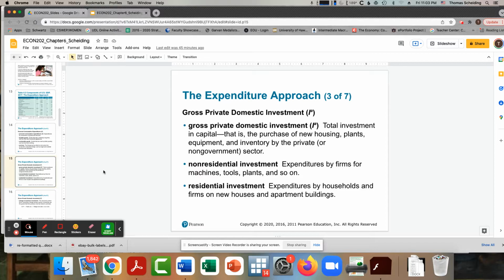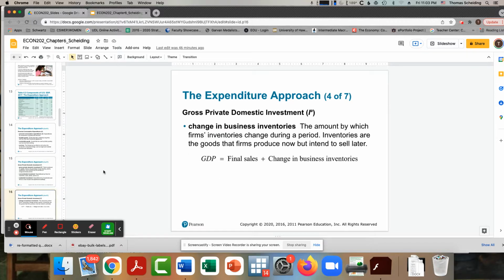And then probably the most volatile component of investment, as taught to us by Keynes, is inventory levels. Inventories represent a firm building more than is needed for sales in a given quarter. That would cause a growth in inventories. If a business slows down its production levels and it's still selling the same amount, that would be a way it could draw down its inventory.